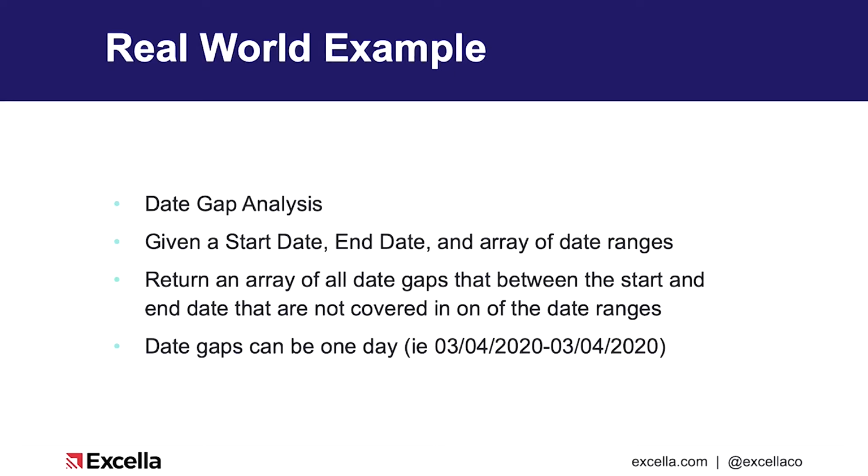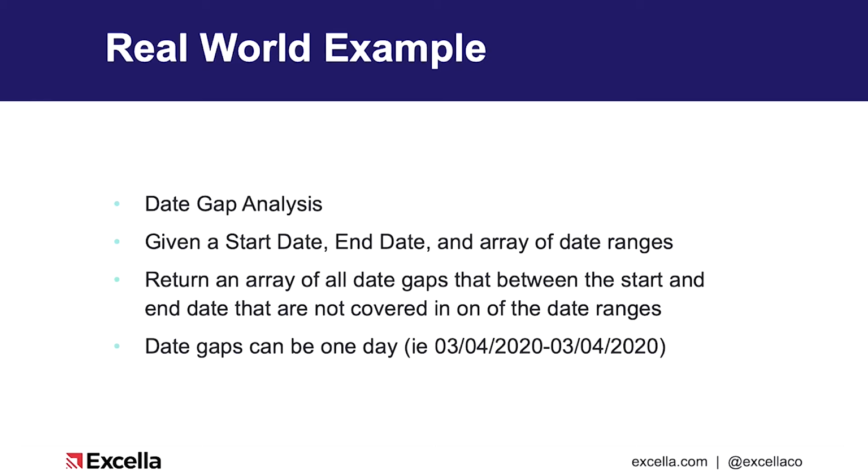So let's look at a real world example that I came across recently. On a recent client, we had a requirement to have a function that did a date gap analysis. Basically, we were getting a start date, an end date, and an array of date ranges. We had to return every gap between the start date and the end date that wasn't covered somewhere in all of our date ranges.